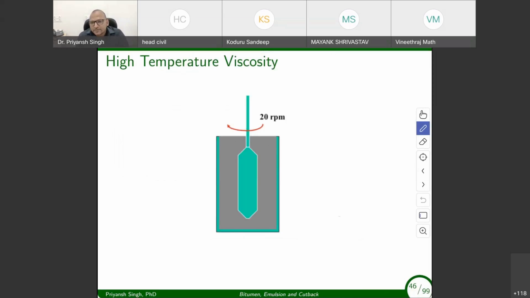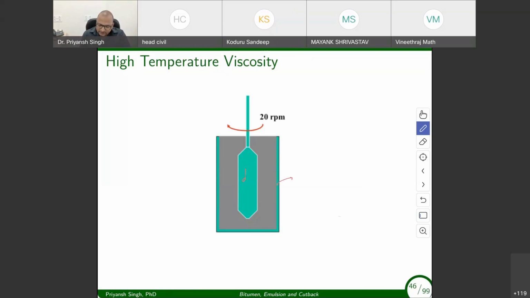Some other tests being taken up in the polymer modified codes are high temperature viscosity. That is done using a viscometer, or a rotational viscometer, you can say. Here you have a spindle or a geometric element, and the binder sample is put in a cylinder or a measuring cylinder.